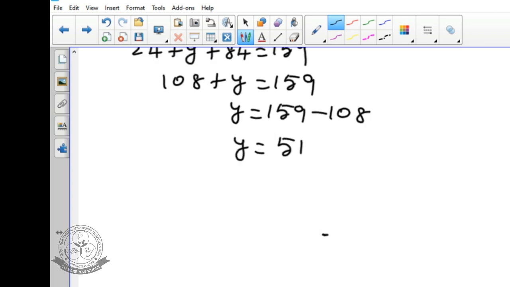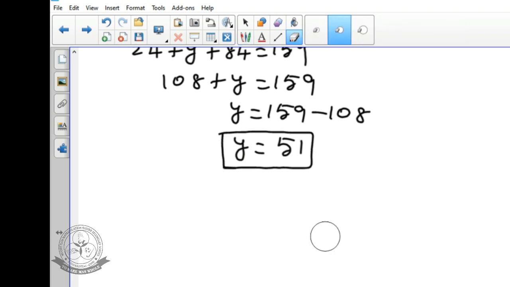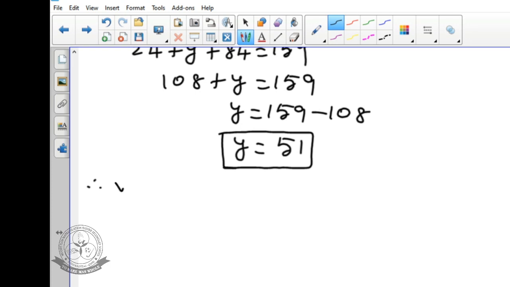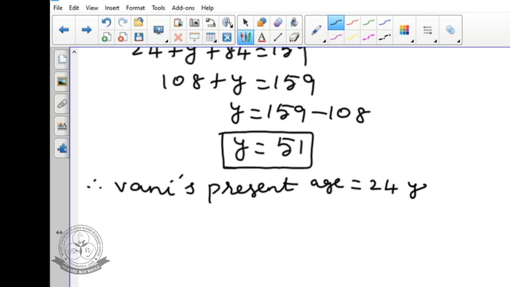Now we have got the three variables x, y, z. At the start we assumed what x is and what y is. The x is the present age of Vani, y will be her father's age and z will be her grandfather's age. Therefore, you have to write like this. Therefore, Vani's present age equal to x, that is 24, so you write 24 years.